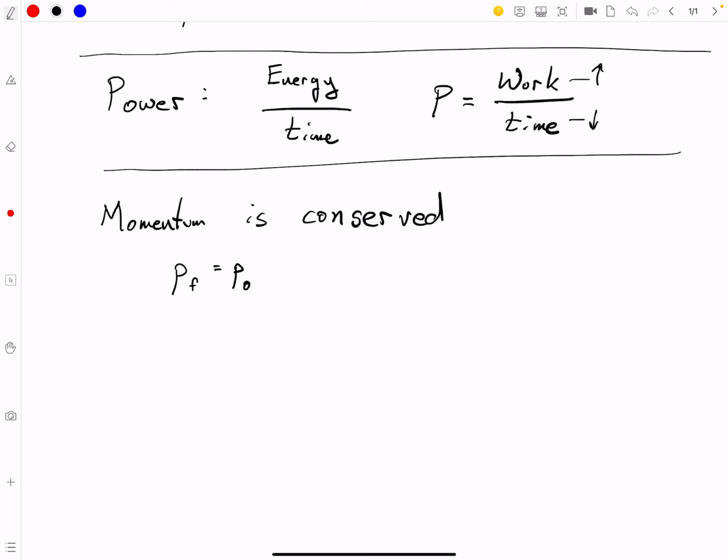And of course that means no force has been applied to our system, and force equals ma, so no a, or a equals 0, applied to our system. As long as that's the case, then our momentum is conserved.